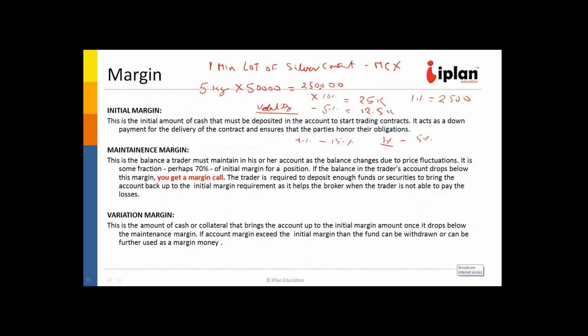Okay. Now let's take an example, and I'll show you how the initial margin is calculated. Normally there are two methods. One is that your broker or the exchange will provide you a list on their website, which gives the margin requirement of all the contracts.